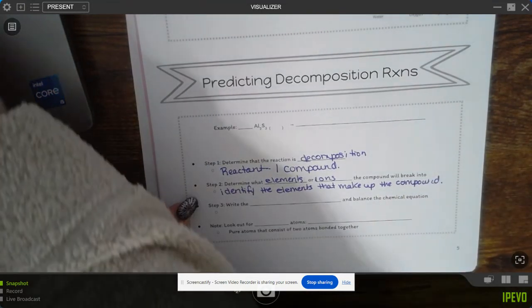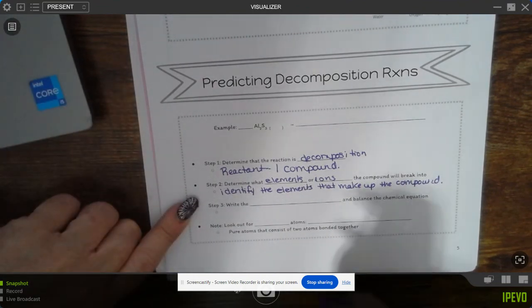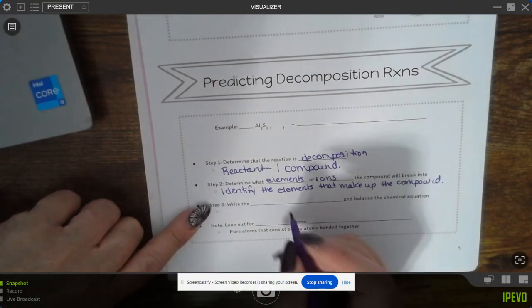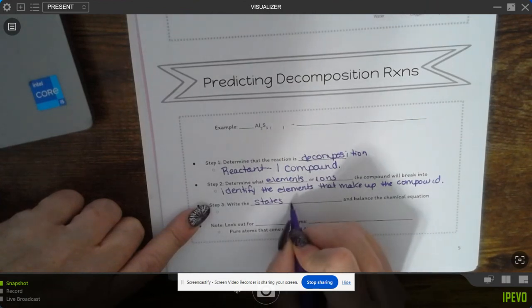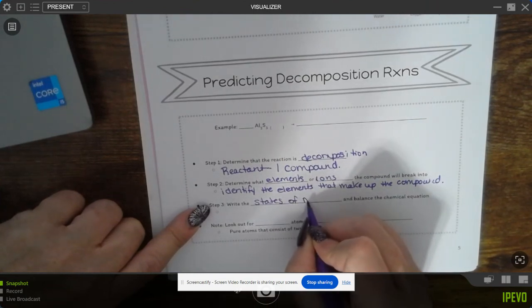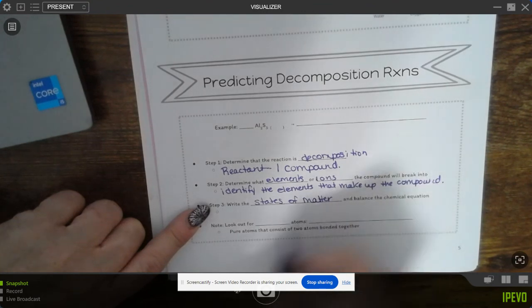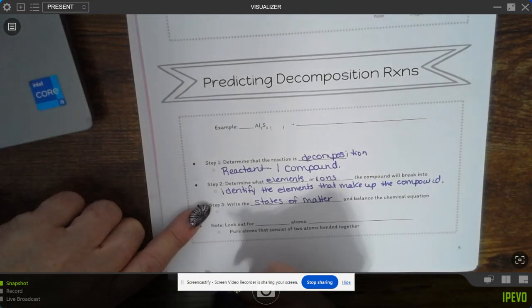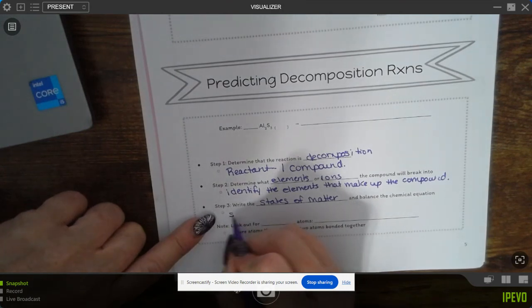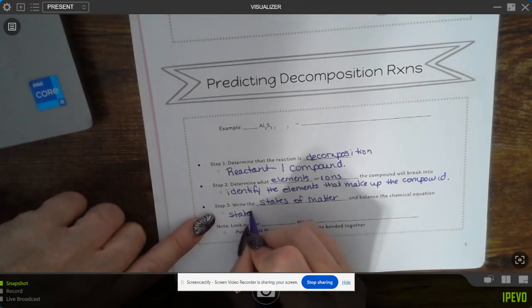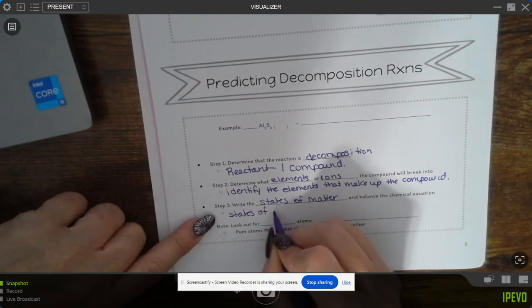Then what we're going to do next is write the states of matter and balance the chemical equation. The states of matter of elements are on the periodic table.